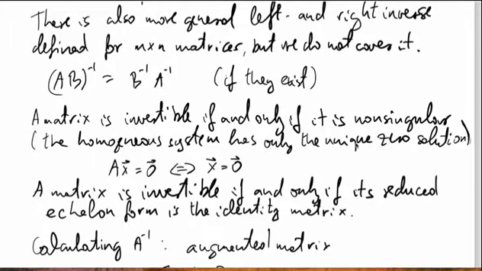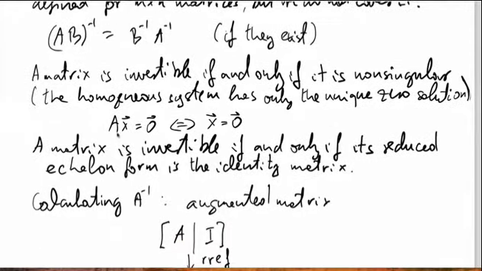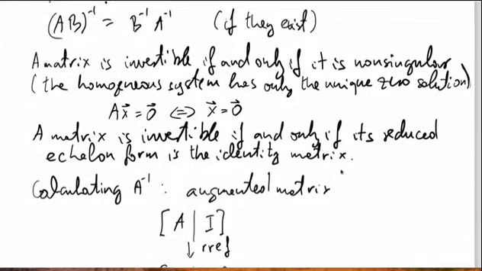If you remember how we got a unique solution for the homogeneous system, we had to do the reduced row echelon form, and then you get a unique solution if you get the identity matrix. So another way to write this theorem is that a matrix is invertible if and only if its reduced echelon form is the identity matrix.